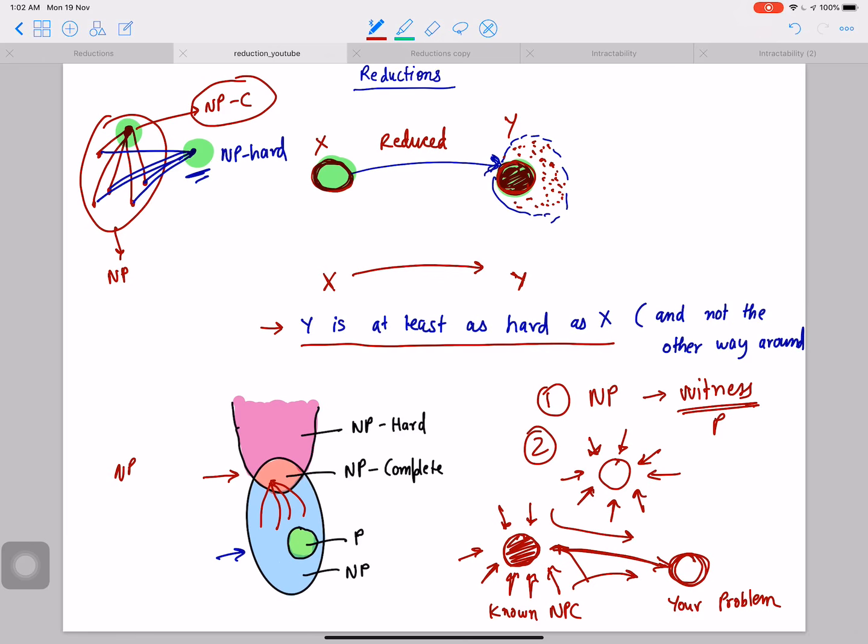So if you reduce your known NP complete problem to your problem, you're claiming that your problem is at least as hard as the known NP complete problem, and that makes it an NP complete problem. So you don't need to reduce everything in NP to your problem. You can pick a known NP complete problem and reduce it to your problem, and that does the job for you. Okay, so we now know about reduction and how to prove things are NP complete.